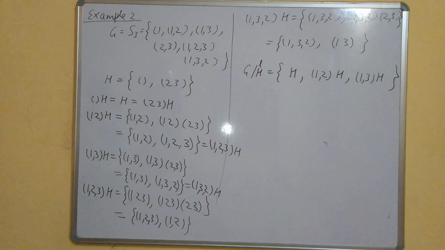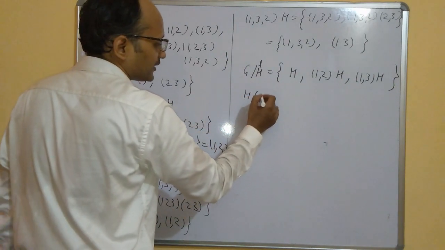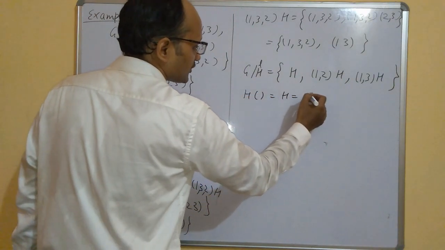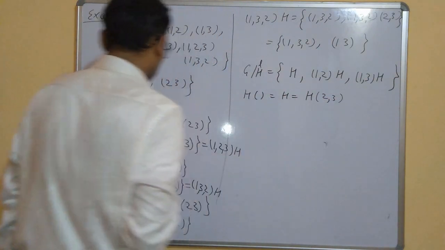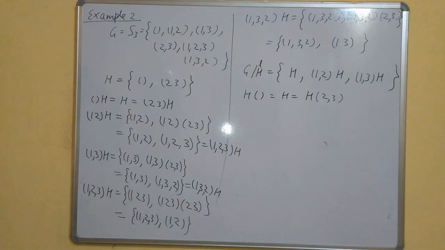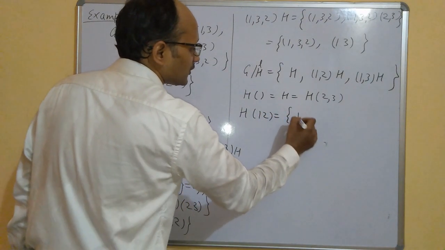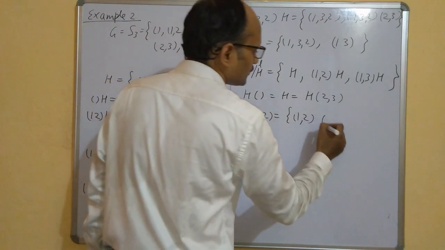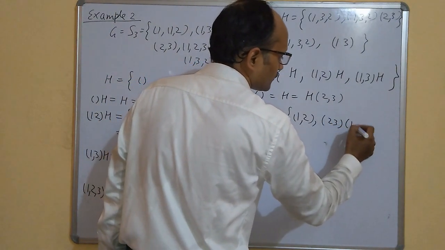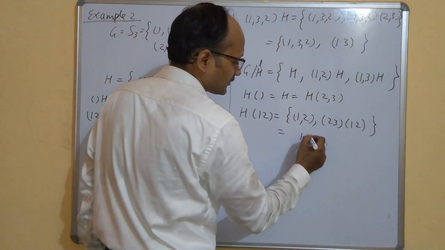Now in the same way we can determine the set of all right cosets of H in G. So let us do that work also. So H into identity, as you can see, it will be H, and H into (2 3), if you determine, it will be same. Now let us do for (1 2). So H(1 2). So H(1 2) is (1 2), and (2 3)(1 2). 1 is going to 2 and 2 is going to 3.